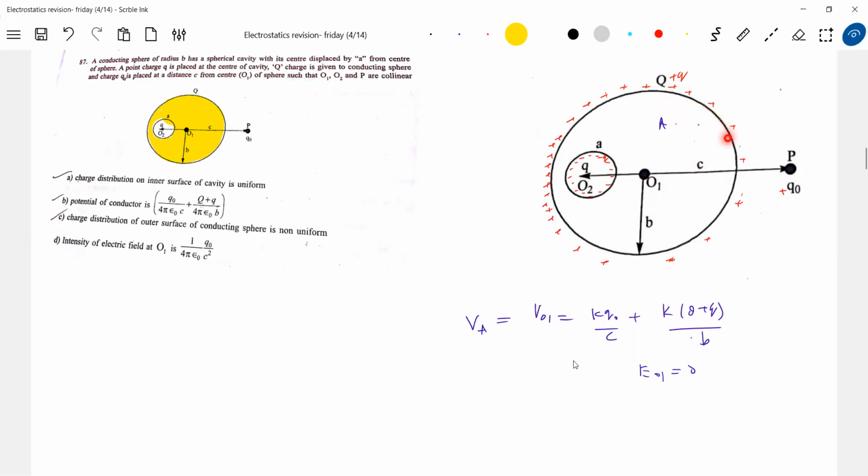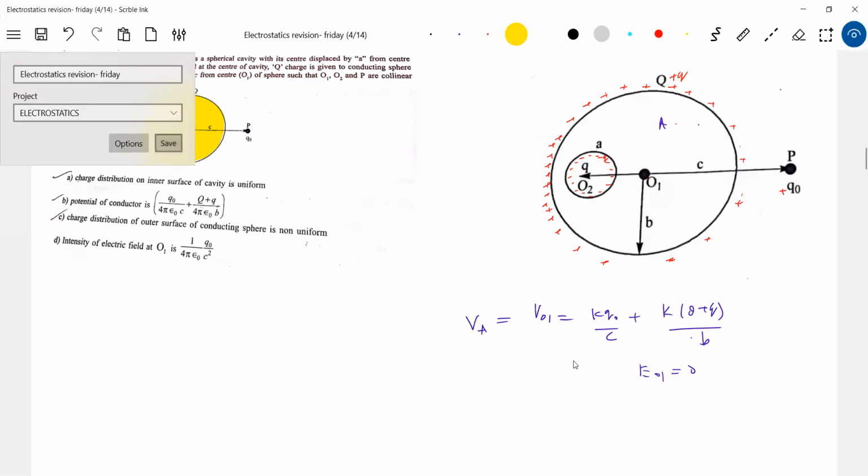Fine. Due to the charge on the surface, in what direction will the field be? The field will be towards the right. Is it okay? Due to the point charge Q naught it will be towards the left. Due to the charge on the surface, it will be towards the right. The net field will be zero. Anyway, you draw a Gaussian surface like this, so the net field contributed by this will be zero.